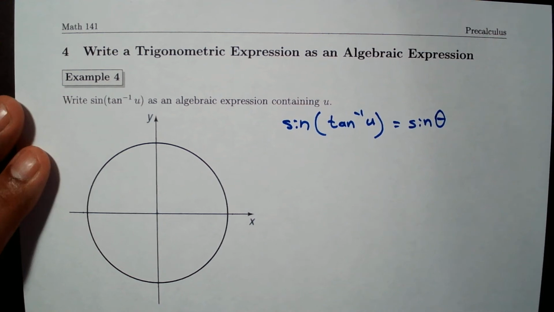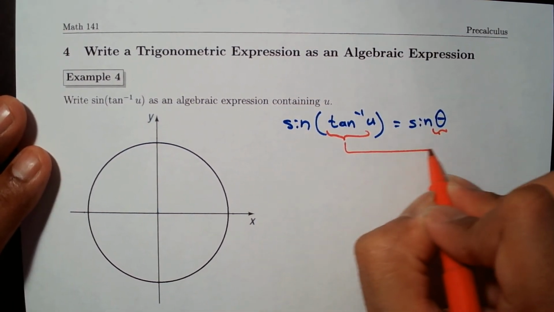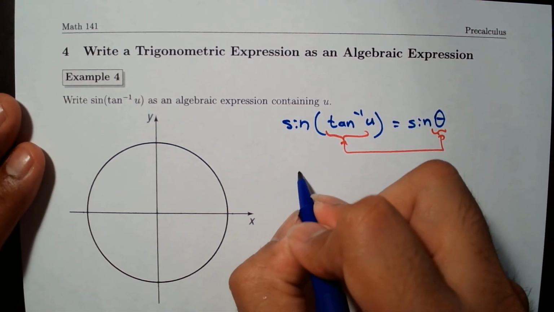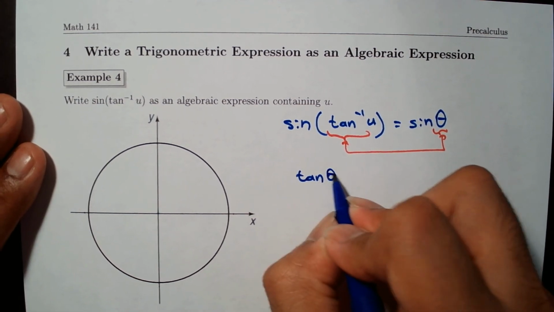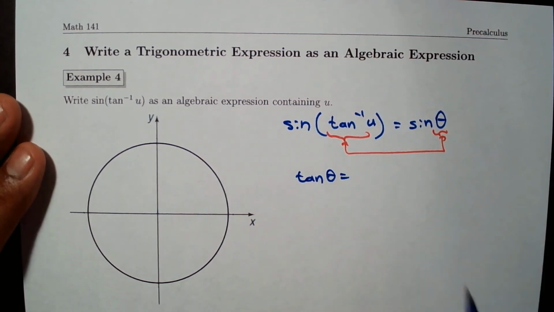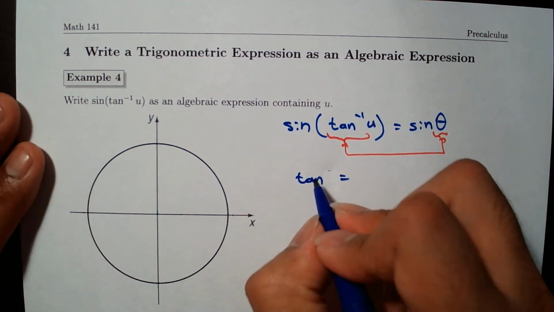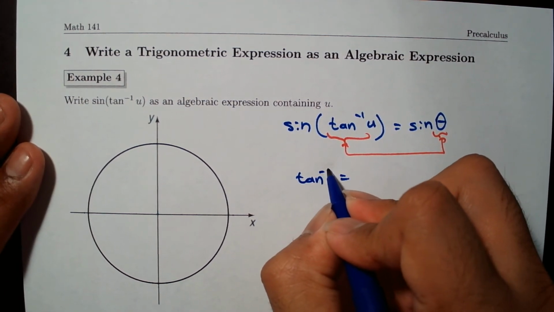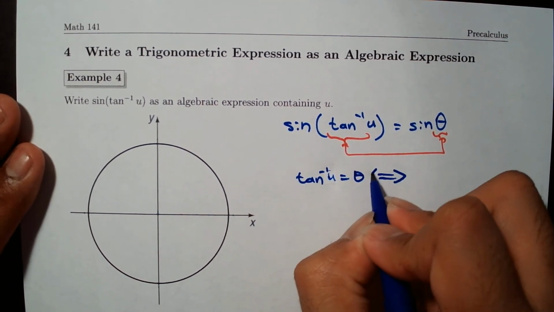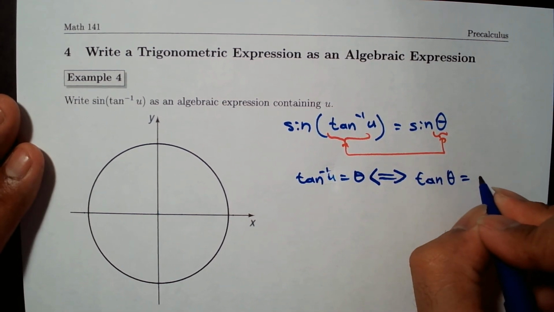But again, we are going to relate these two. Tangent inverse of u equals theta if and only if tangent theta equals u.